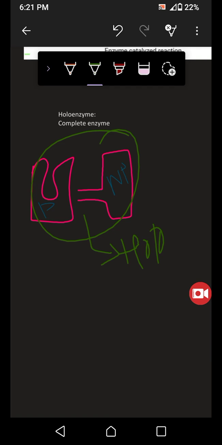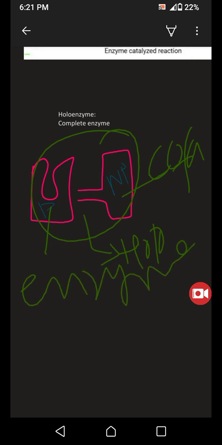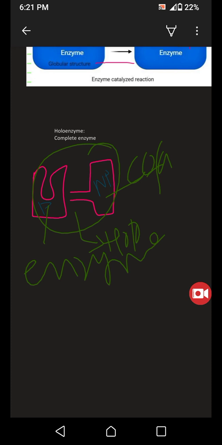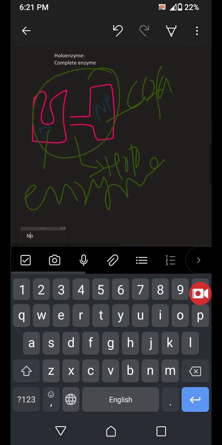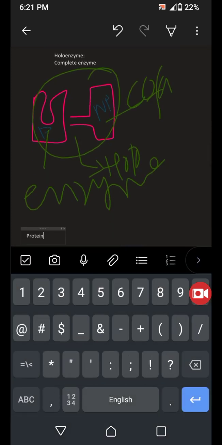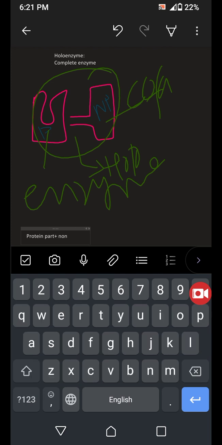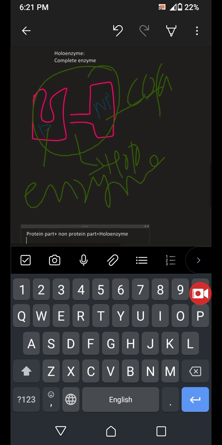And this non-protein part is known as the cofactor. Okay, the protein part is the enzyme and the non-protein part is the cofactor. Let me write it down: protein part plus non-protein part is equal to holoenzyme or complete enzyme. Okay.